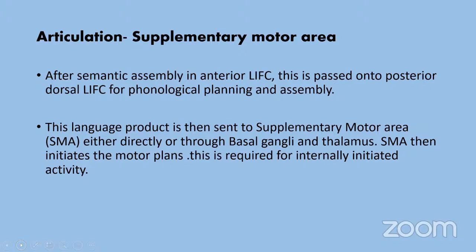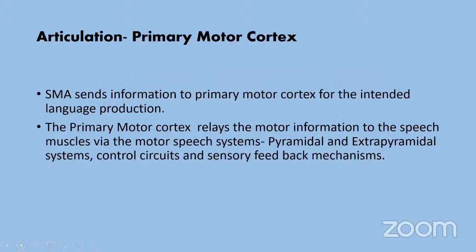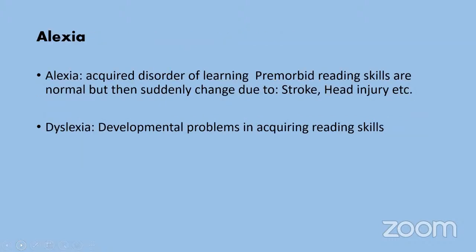What the SMA does is initiate the motor plans, which are required for the internally initiated activity of speaking. The SMA sends information to the primary motor cortex for the intended language production. So the primary motor cortex, the final responsibility lies with it. It sends the motor information to the speech muscles via motor speech systems, pyramidal and extrapyramidal systems, control circuits, and sensory feedback mechanisms. So either speaking or reading involves such extensive neural circuits.